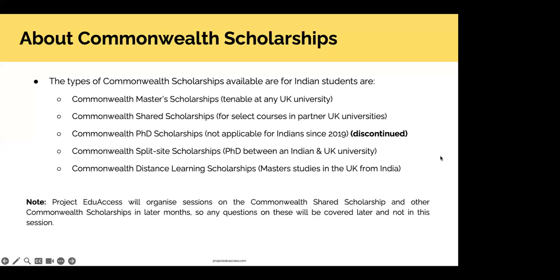Then we have the Commonwealth PhD Scholarship, discontinued for Indian applicants in 2019, and Indian applicants are not anymore eligible to apply for the Commonwealth PhD scholarships. Then we have the Commonwealth Split Site Scholarships, which are meant for PhD students studying at an Indian university who can pursue a part of their research in a UK university.